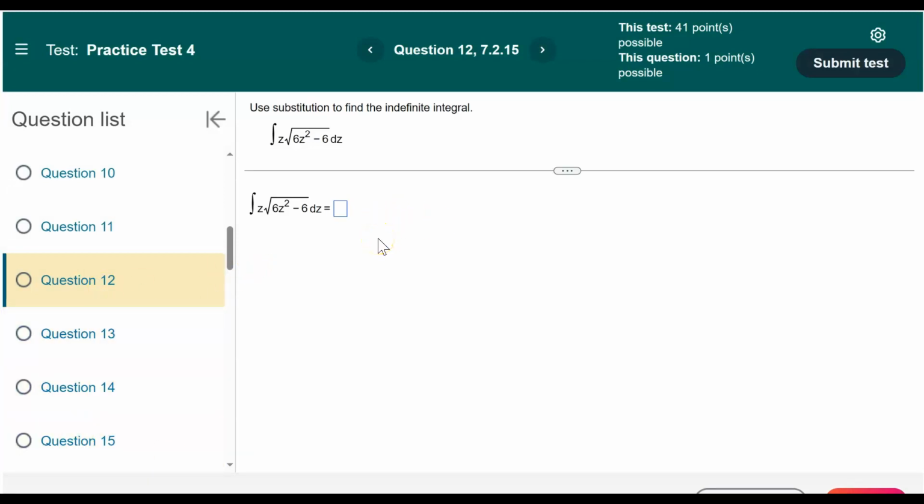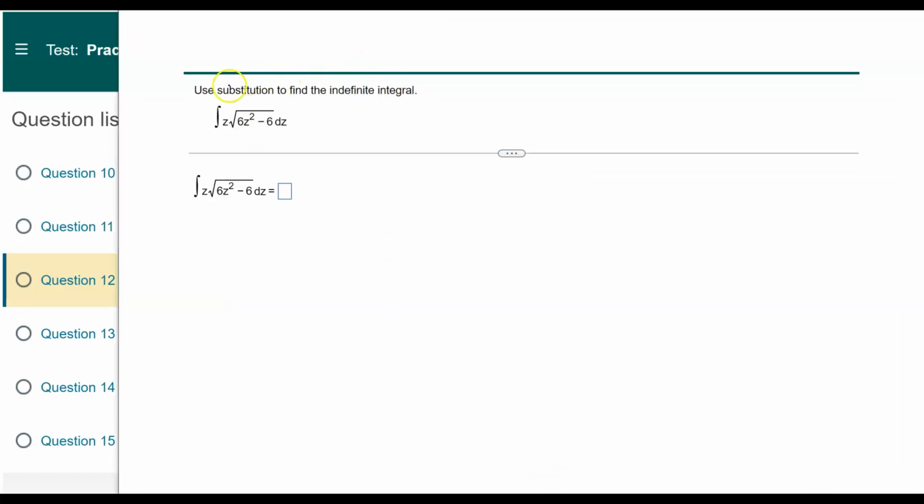Here, we're going to solve the definite integral using u substitution. As I've said, if you have a square root function, the natural choice for u is the expression inside the square root function. So u is equal to 6z squared minus 6. And so du is equal to 12z dz. Derivative of 6 is just 0.